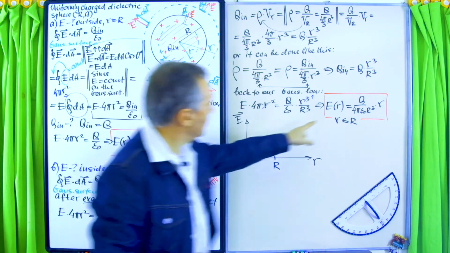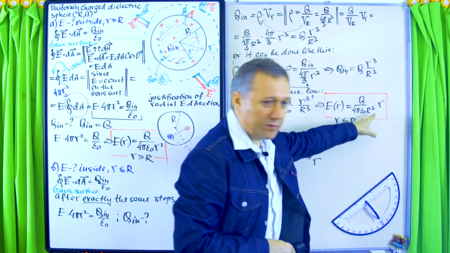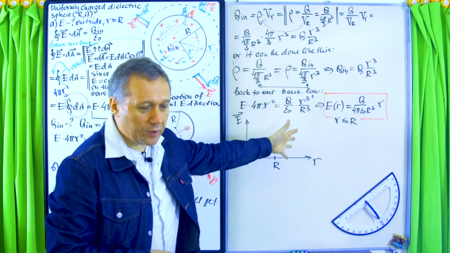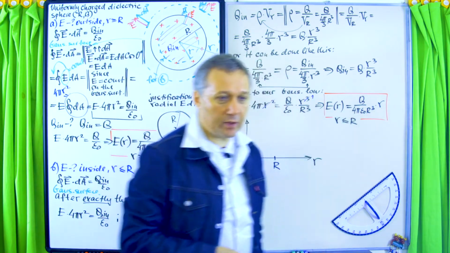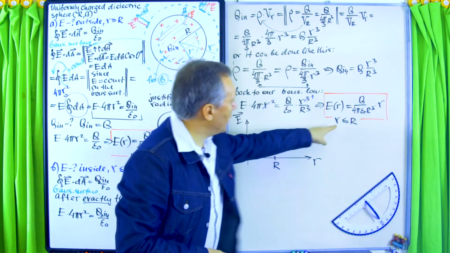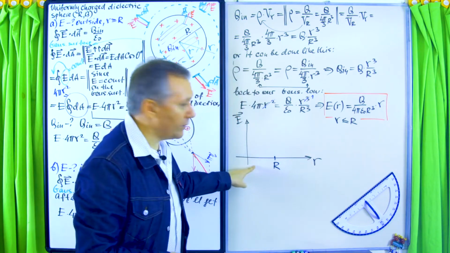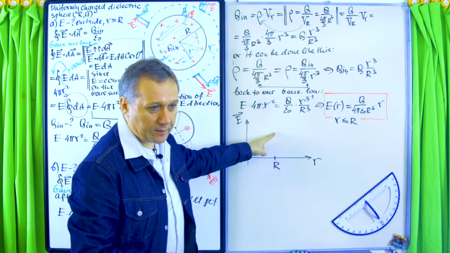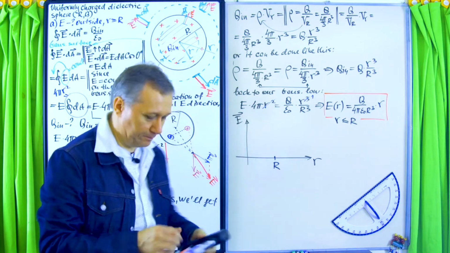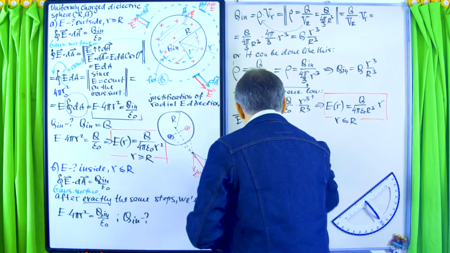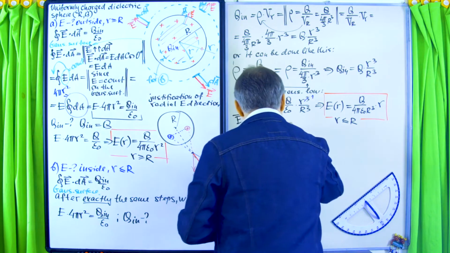So inside, this is some constant, if R and Q, R capital and Q, are given, so this will be just some number times variable R. So for R small, less than R capital over here, we'll have a linear dependence. We'll have just a straight line. Electric field grows linearly.